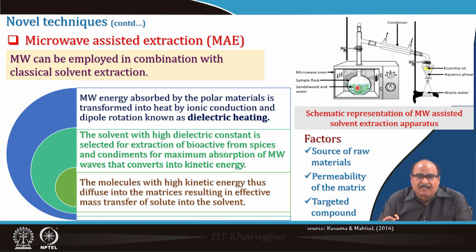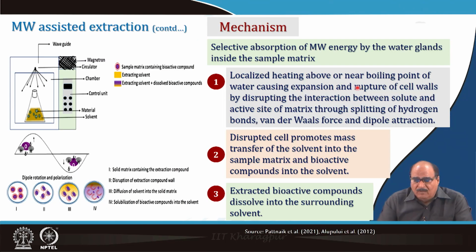So, the factors which need to be controlled during this microwave assisted extraction process are the source of the raw material and its characteristics, then permeability of the matrix and targeted compounds, that is, which compound we want to extract here. Then accordingly, the microwave and other process parameters should be regulated.